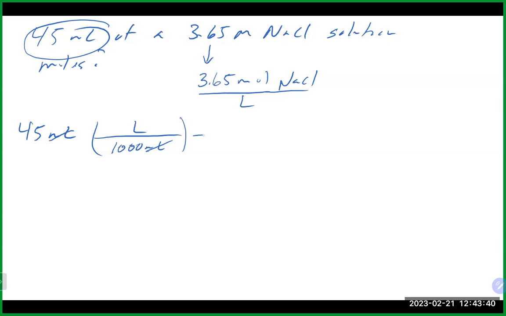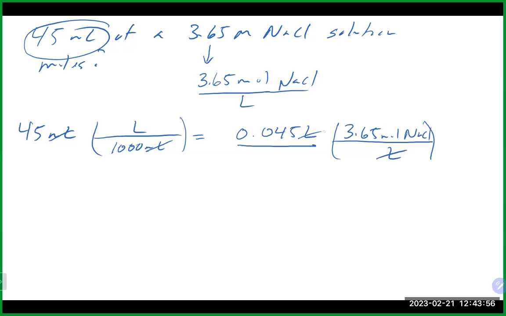Those units cancel, and we get 0.045 liters. Now we can use our molarity like a conversion factor, 3.65 moles of sodium chloride per liter. Multiplying that out, the liters cancel, and 0.045 times 3.65 gets us something like 0.16 moles of sodium chloride.